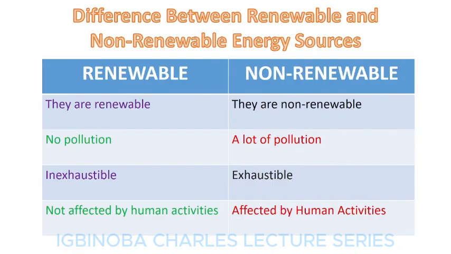As you are using it to cook, after some time it will get exhausted. Also your gas gets exhausted, and you have to go and buy another one. But renewable energy is always available for you to use. Renewable energy is not affected by human activities, while non-renewable energy is affected by human activities.